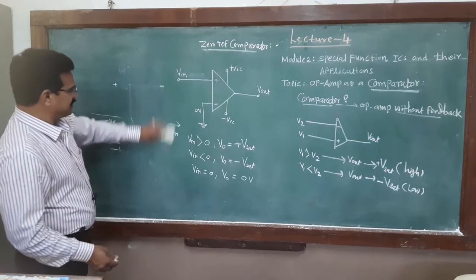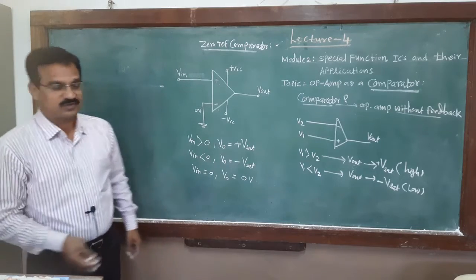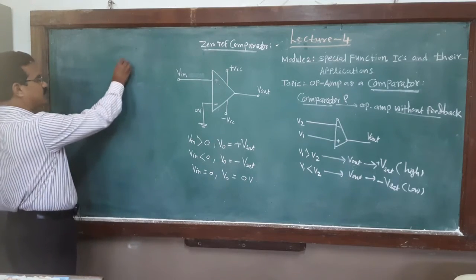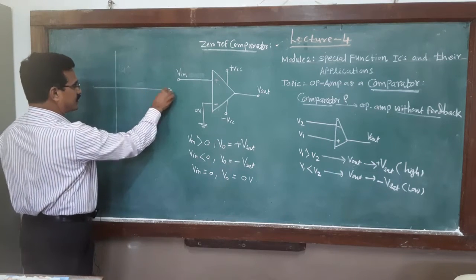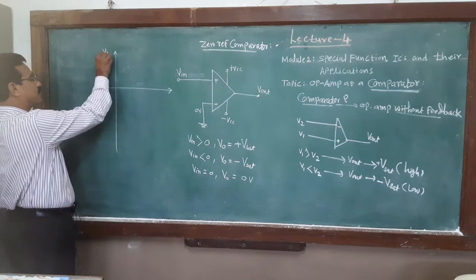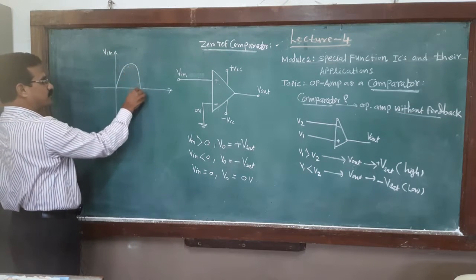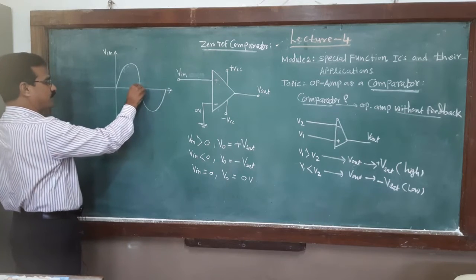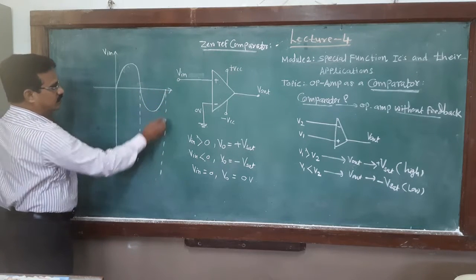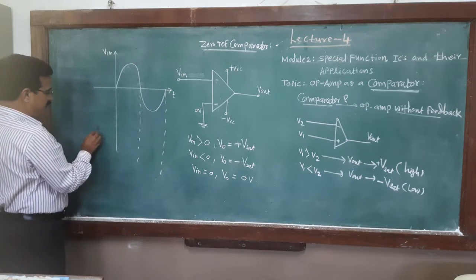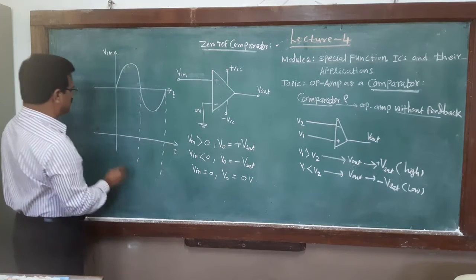Again we consider this simple comparator circuit. Suppose the input is a sine wave. Here is the input, suppose this is a sine wave, and here is the output with respect to time.